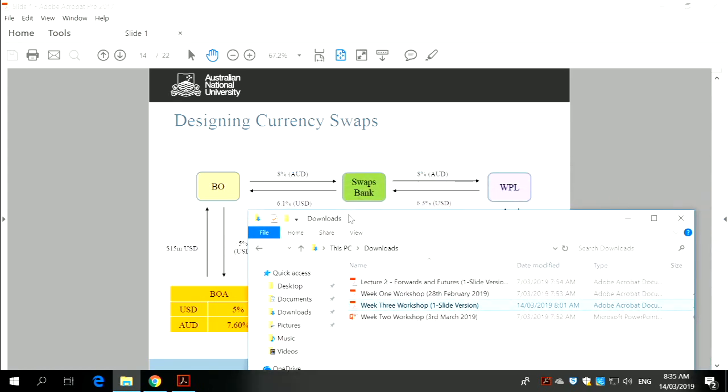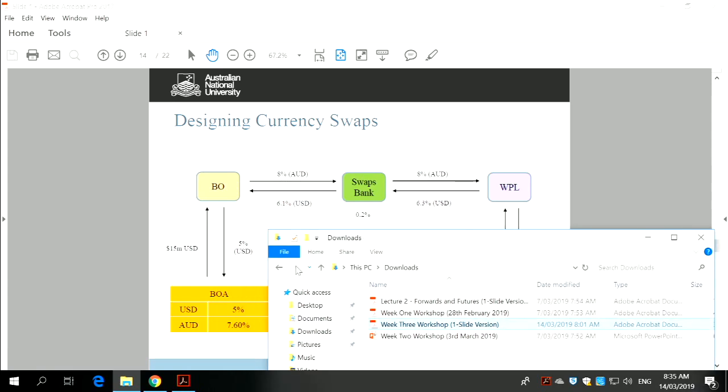And because the aviation factories will generate Aussie dollar earnings in the future, Boeing can actually pay the swap bank the Aussie dollar rate, because that's what Boeing really wants. Boeing wants to pay the Aussie dollar rate of expense. So Boeing can pay 8% Aussie dollar rate to the swap bank, then the swap bank passes the 8% Aussie dollar rate to Woodside Petroleum.